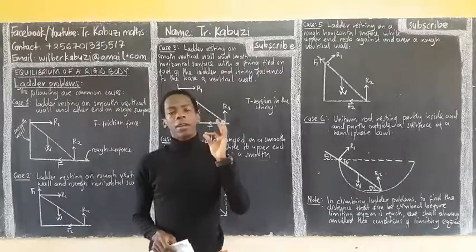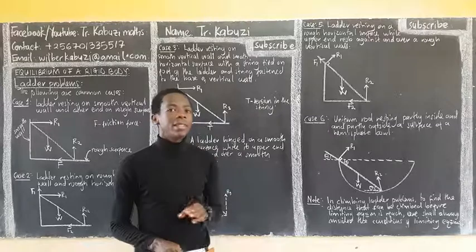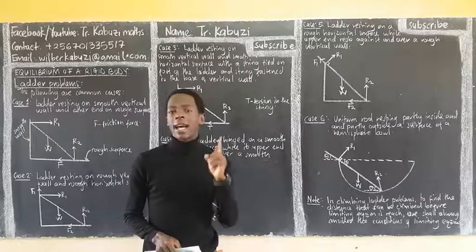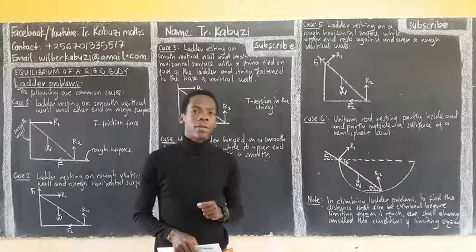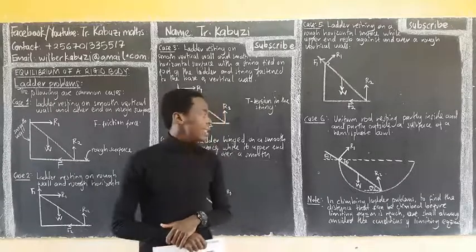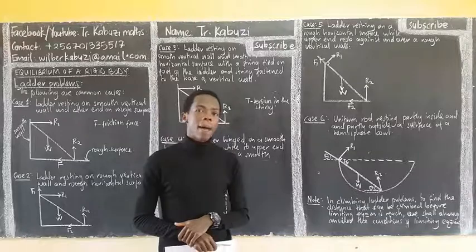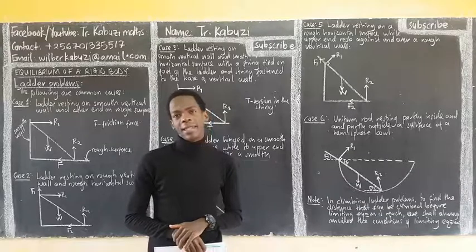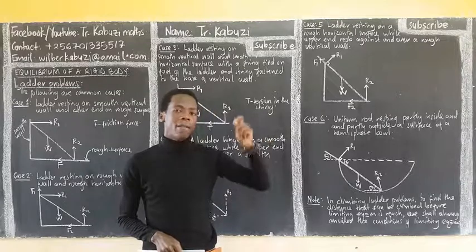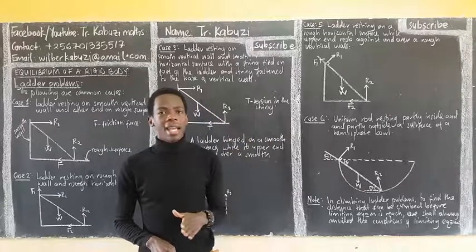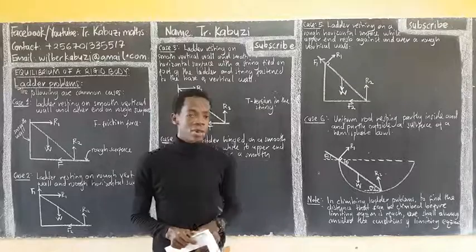We say, for limiting equilibrium, always the frictional force is at its maximum. It means that there we shall say that our frictional force is equal to the coefficient of friction times the reaction. So that's it. Whenever they want the distance someone reaches before that ladder slides, we shall consider those conditions.